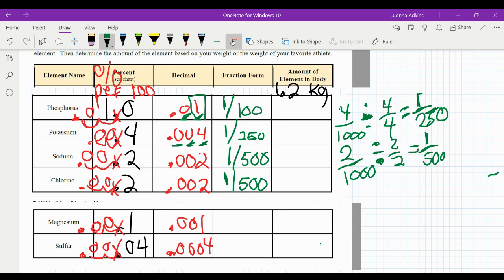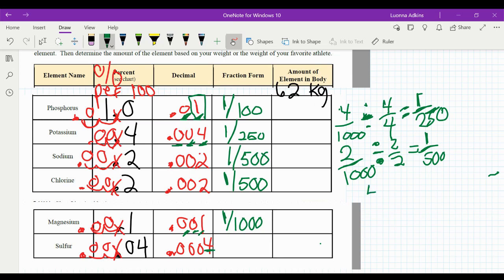Magnesium, that 1 is in the thousandths place, so it is 1 over 1,000 or 1/1000ths. If we look at sulfur, that 4 is actually in the 10,000ths place.